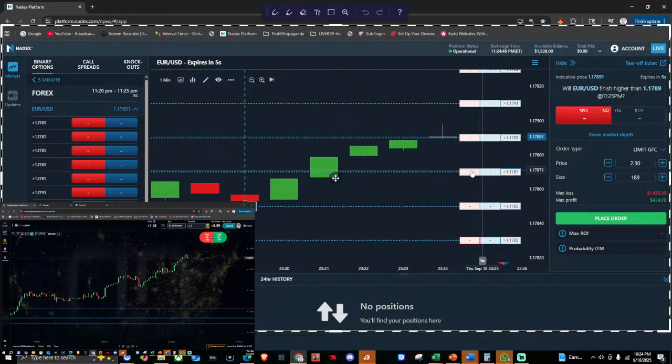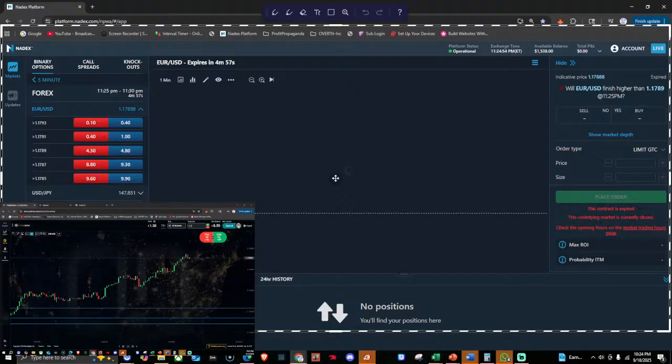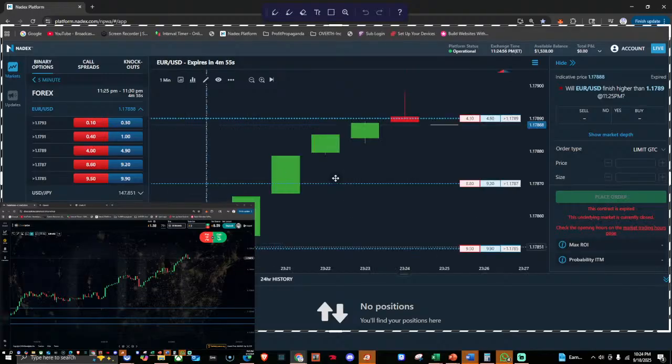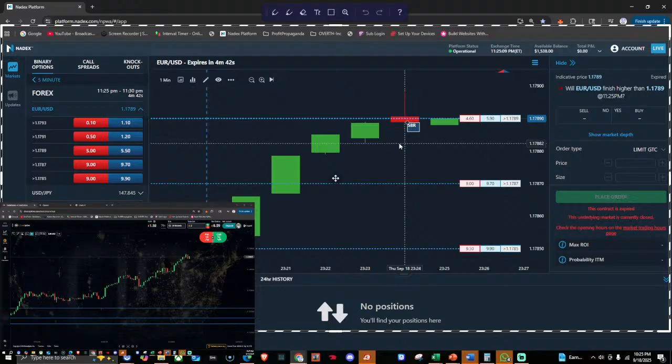Oh, yep, big time. Got a speed burst, so that's just an indication of instability. SBR, speed burst reversal, that's what that means.